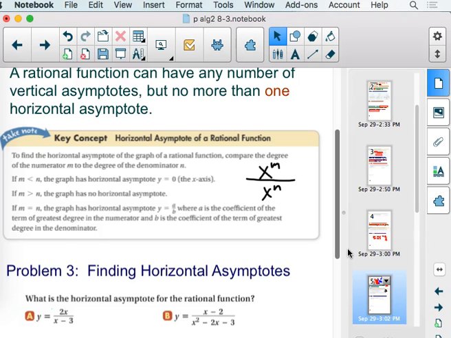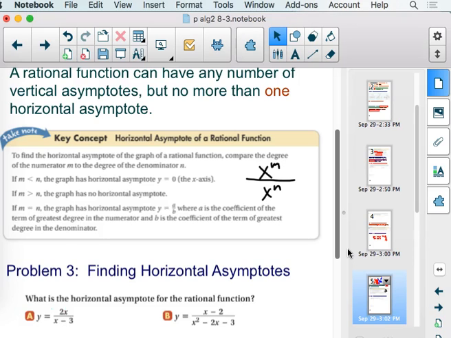So here's what it says. If the degree of the top is less than the bottom, then y equals 0 is going to work, the x-axis. So if the bottom is bigger than the top, then we can write y equals 0 down as a horizontal asymptote. If m is greater than n, we don't get one.